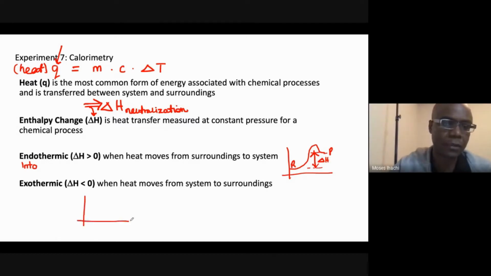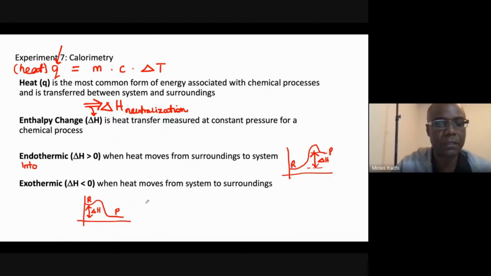For exothermic, it will be opposite. The reactants will lose energy. So if you were to find the change in enthalpy, the change in heat energy here is going negative because the reactants are up here, products are down here.